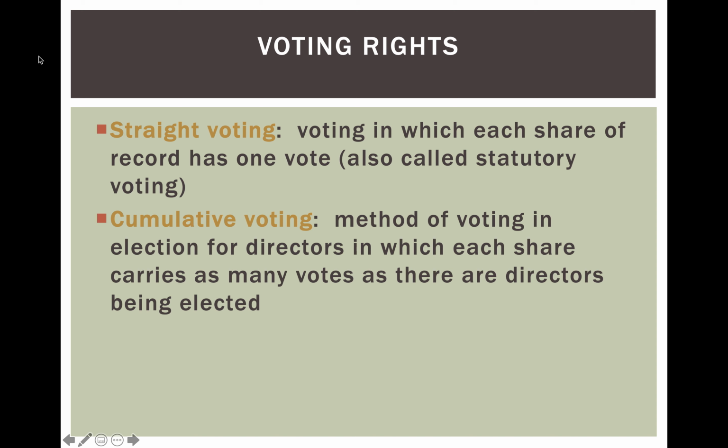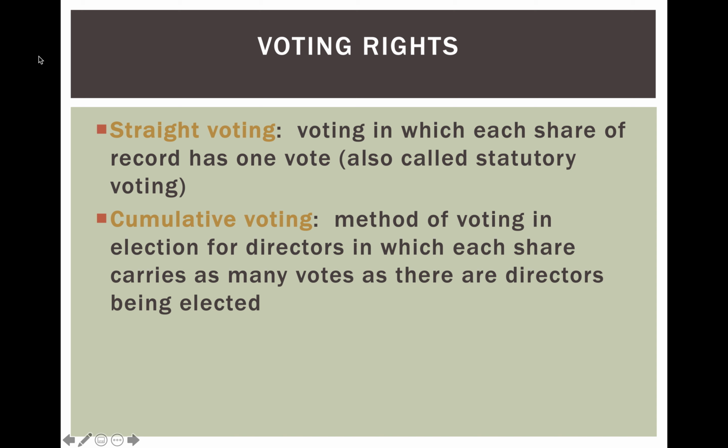But it's not that you're getting 3 times the amount of say, you're just voting for 3 different people rather than having to just pick one. If you've ever voted in a local election where you can sometimes choose more than one person for, say, county commissioner, it's kind of similar to that.